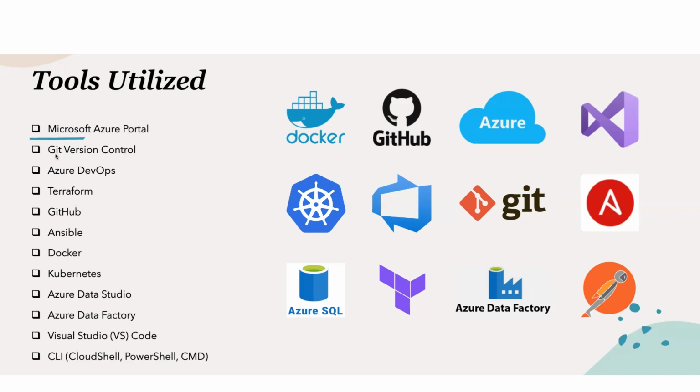And then we have some DevOps tools, because remember I told you a huge part of the cloud has DevOps embedded into it. And so we're going to see us using certain DevOps tools, such as Git version control, Azure DevOps, Terraform, GitHub, Ansible, Docker, Kubernetes, and so on.